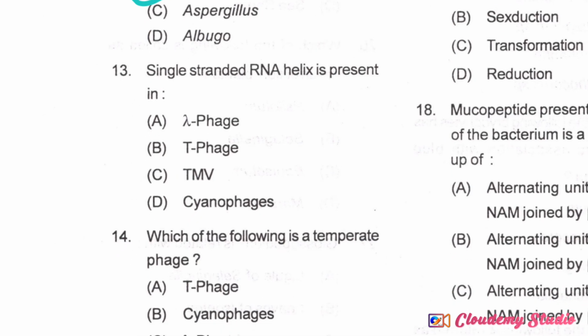And then question 13, single-stranded RNA helix is present in. The answer is TMV, option number C. We need to remember single-stranded RNA is present in HIV, polio, corona, and TMV viruses.